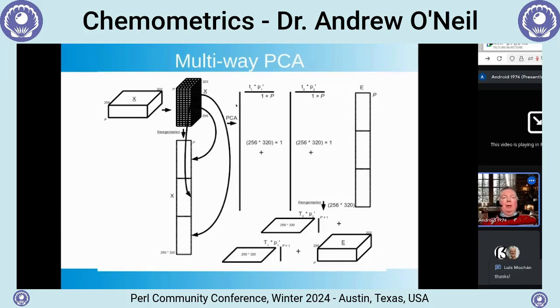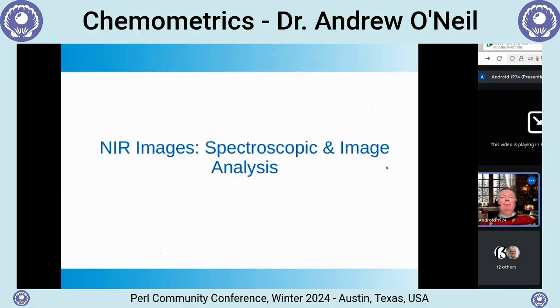It's a type of abstract factorization of the data to give a reduced dimension to the data, to capture the main sources of variance in the data but in a lower number of dimensions, so less than P. So we end up with a series of scores vectors and loadings vectors. The scores vectors here are folded back into scores images. So we end up with a small set of principal component score images from the original data set.